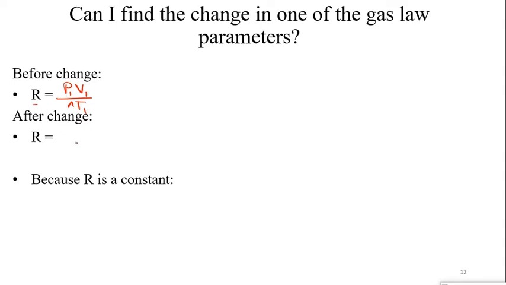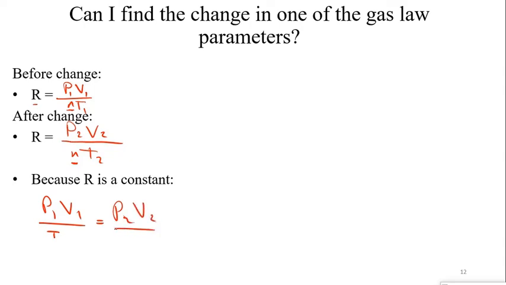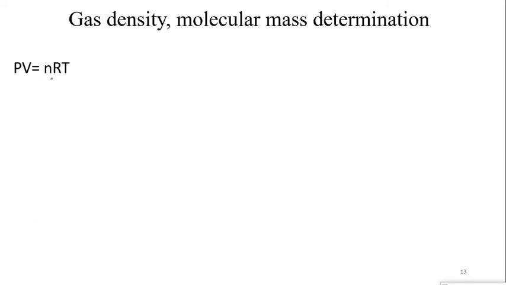And if I made a change to the volume or any of those parameters, this means my R would be equal to P2 V2 over n T2. You have to remember that the number of moles in both cases would be the same for the same gas. So because R is a constant, I can say that P1 V1 over T1 is equal to P2 V2 over T2.